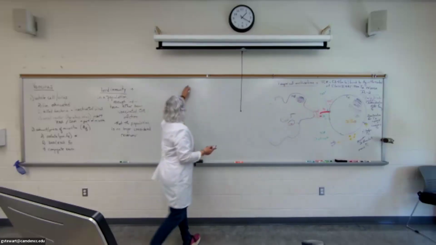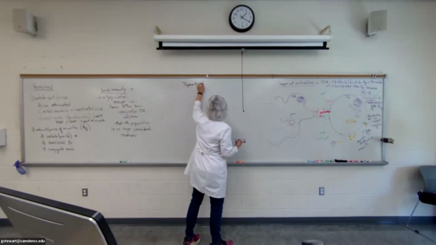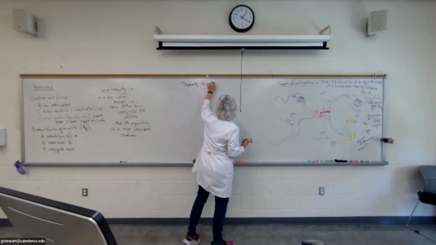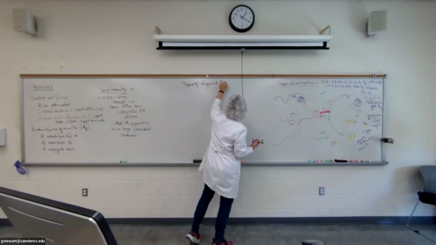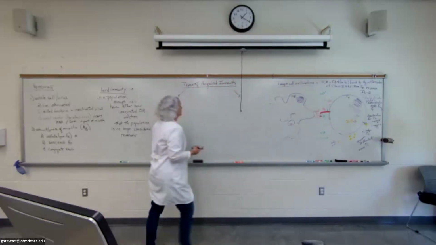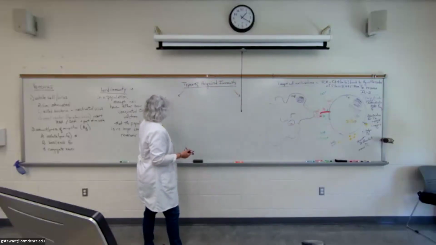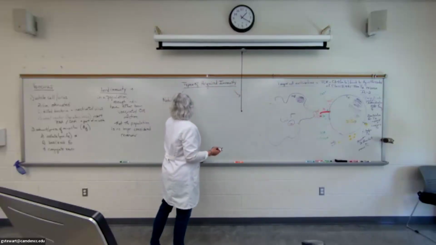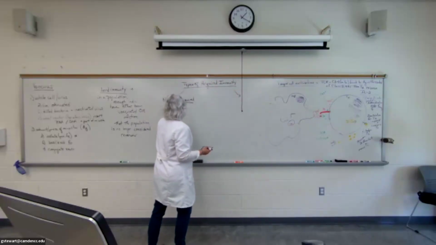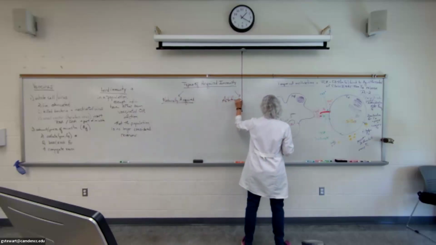So the last thing is called types of acquired immunity. And we divide it up into naturally acquired immunity and artificially acquired.